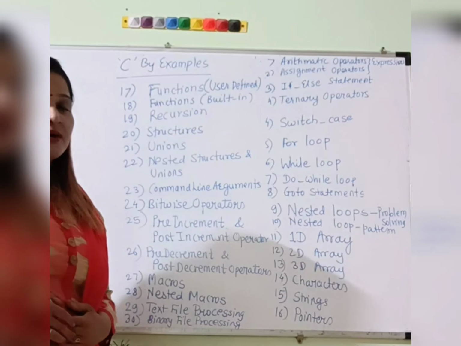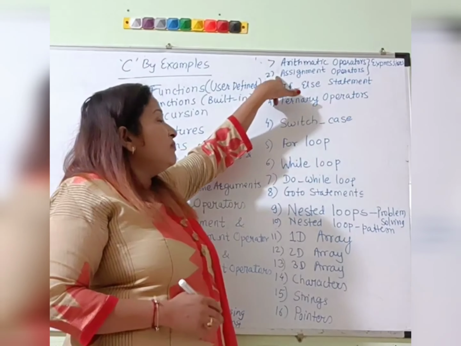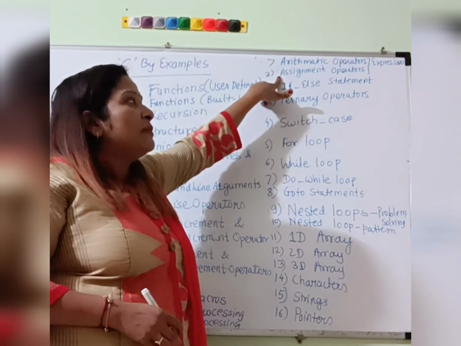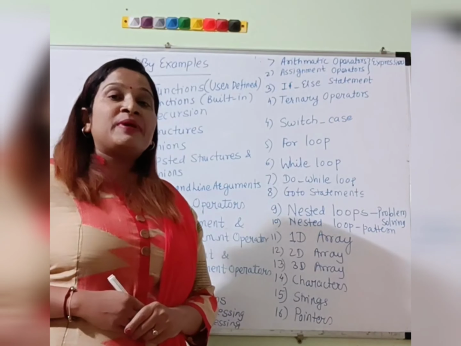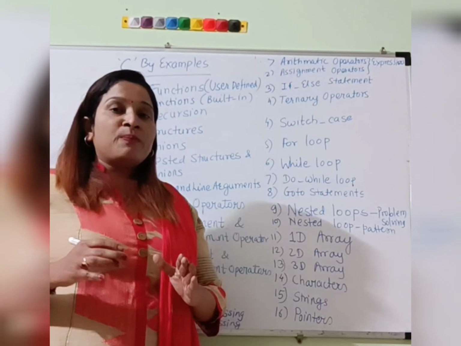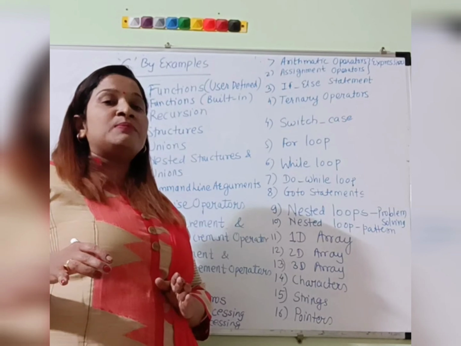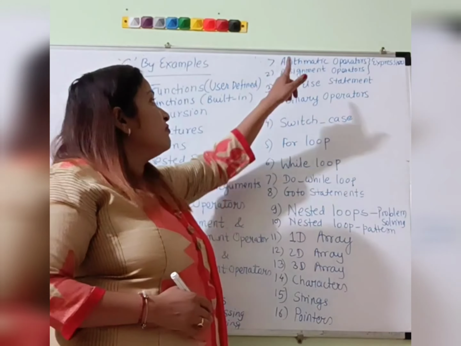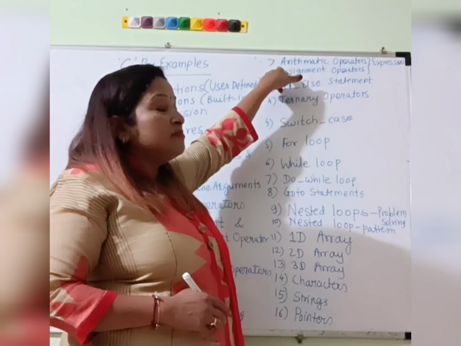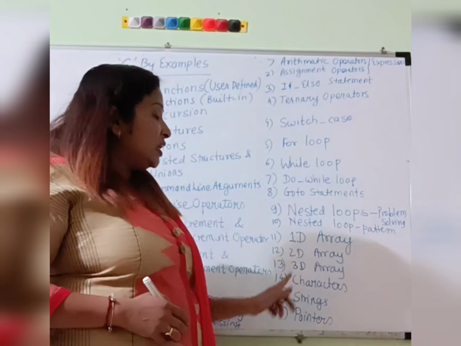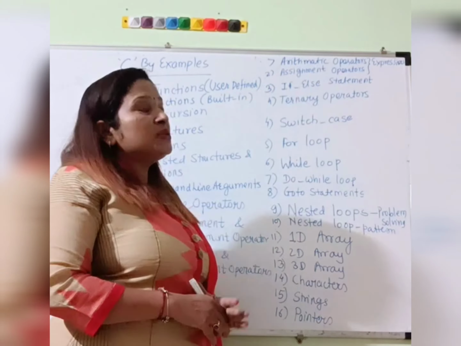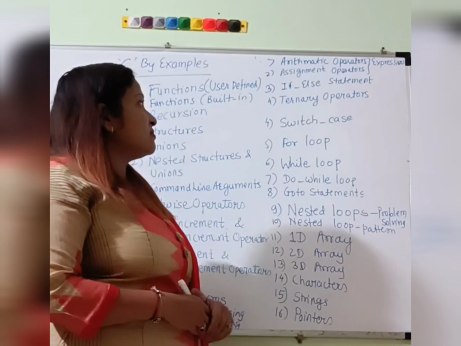What are those concepts? First of all, if you want to write basic or beginner C programs, you must write programs based on expressions. In expressions, we can involve a few operators. There are 3 to 4 important types of operators. The first type is arithmetic. In each concept we are going to see a minimum of 10 examples, so the first examples are based on arithmetic operators.